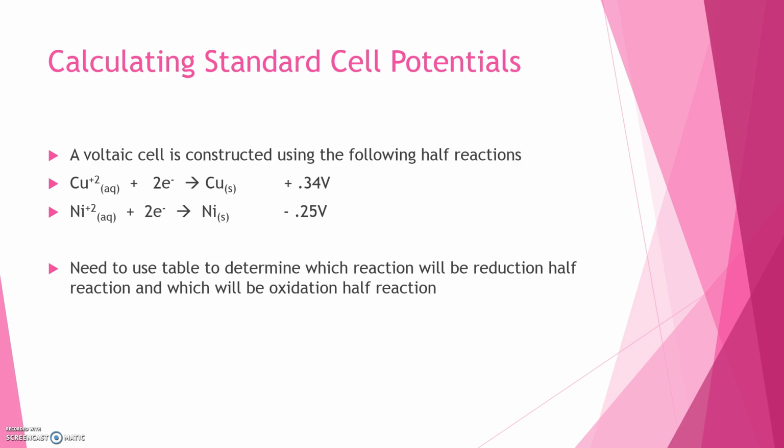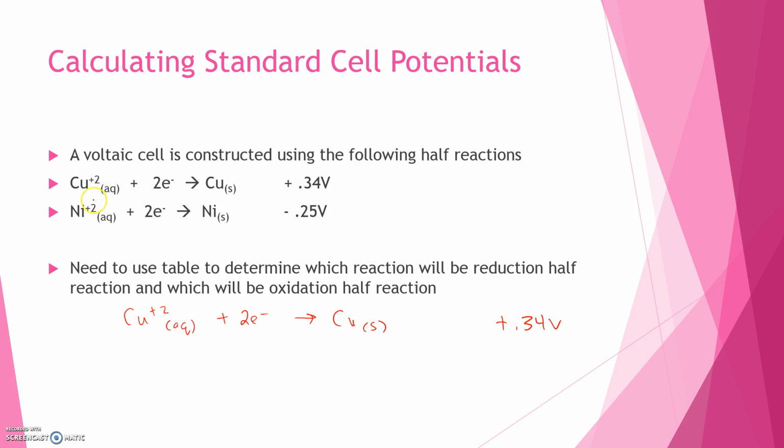When we reverse a reaction, we reverse the sign. So if I want overall, when I add these two numbers together, to be positive, I need to reverse the one that is negative. And so what I'll end up doing here is I'll have Cu2+ aqueous plus 2 electrons yields Cu solid, and that's going to be plus 0.34 volts.